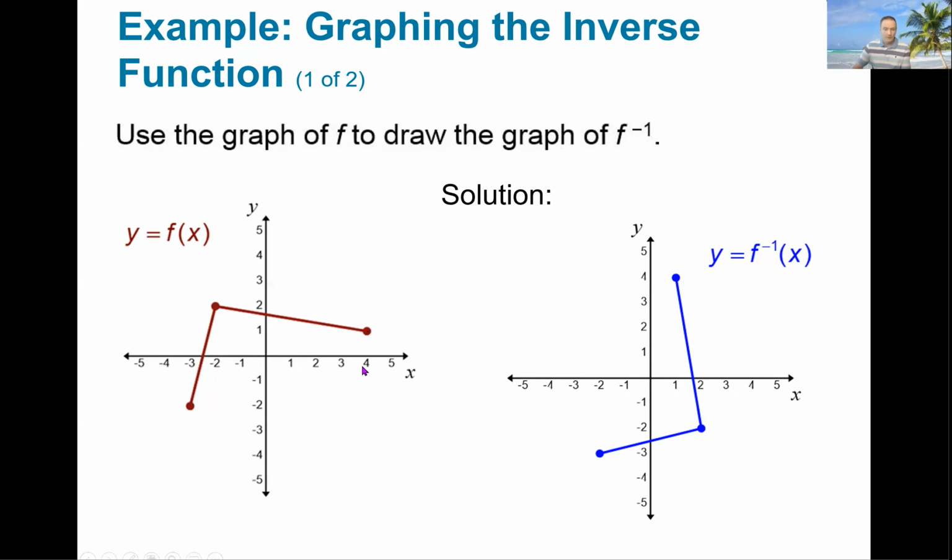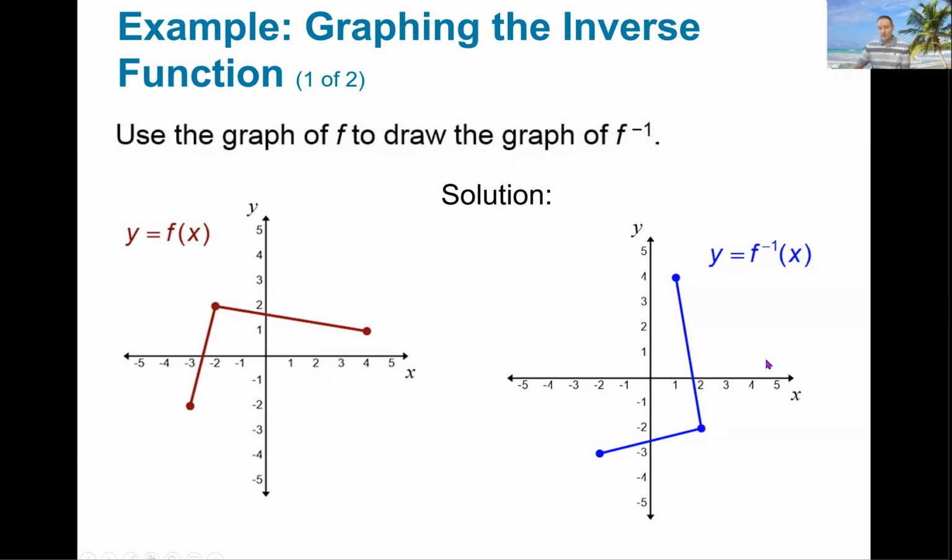Well, this point on the original graph is the ordered pair 4, 1. Well, if the ordered pair 4, 1 is a point on the original graph, its inverse must undo that. It's going to have the ordered pair 1, 4. 1, 4, inverse point right there. I would connect those dots just like these are connected here. The inverse of this line segment is this line segment right here.